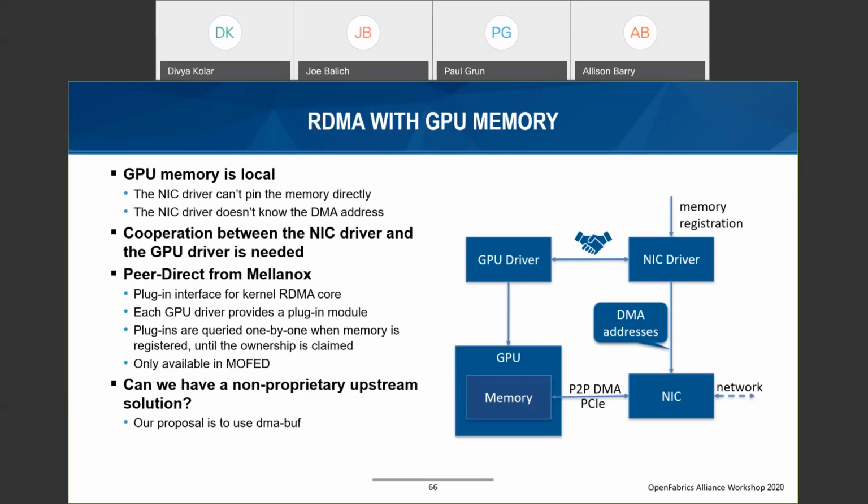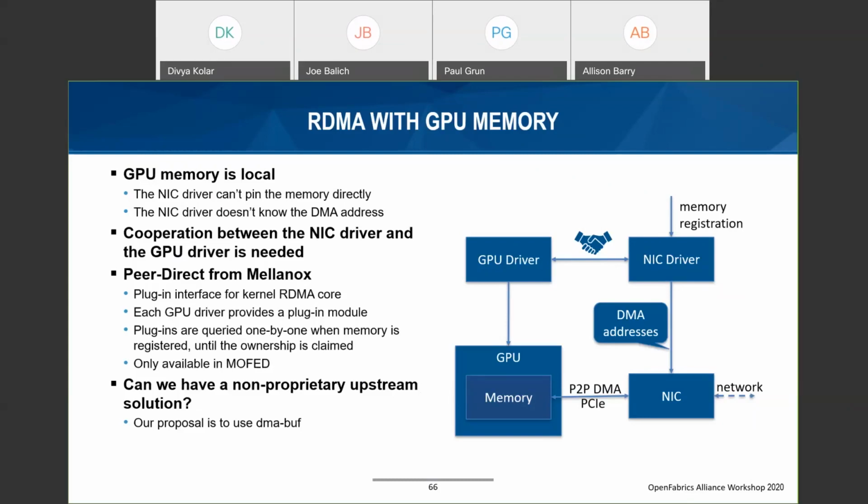There's a handshake there, so the information is exchanged. At memory registration time, when the NIC driver gets the information from the GPU driver, it will finally deliver the DMA address to the NIC, and the NIC can use that information to do a DMA transaction with the GPU memory.